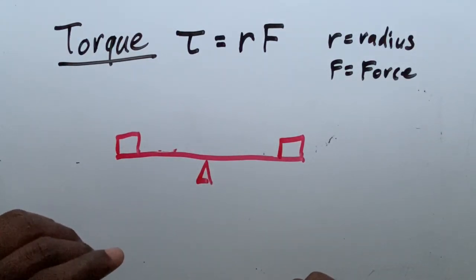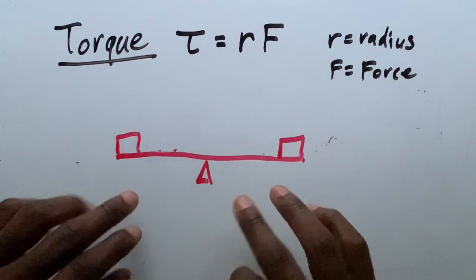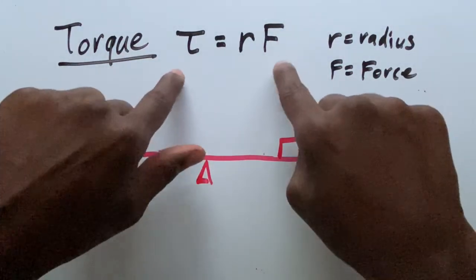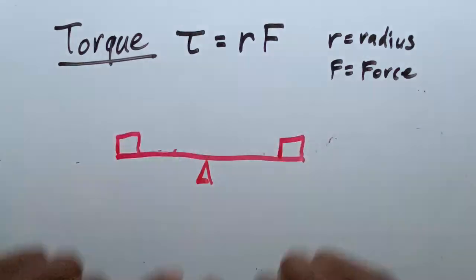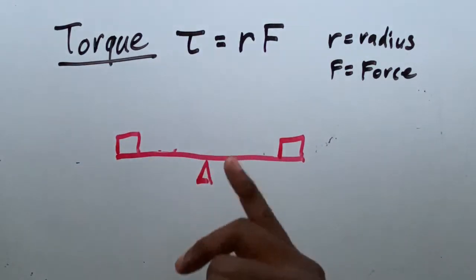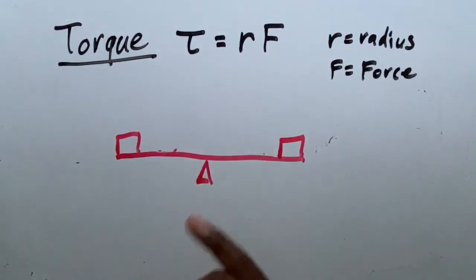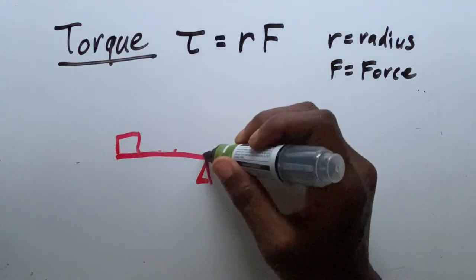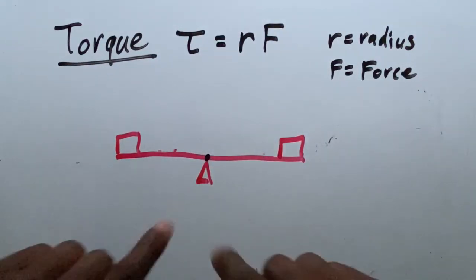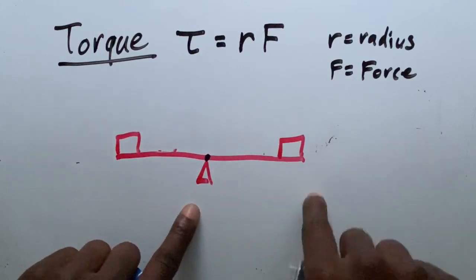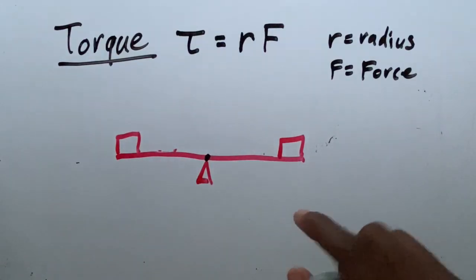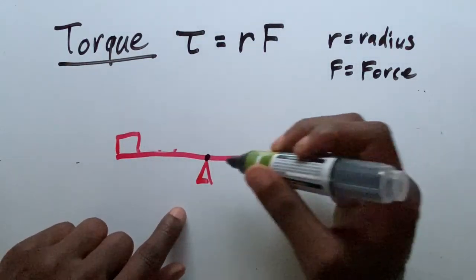So now, let me use this scenario and describe how we use this equation here. So starting from the middle or the center, we go from the center and measure in either direction to the mass that we're talking about.